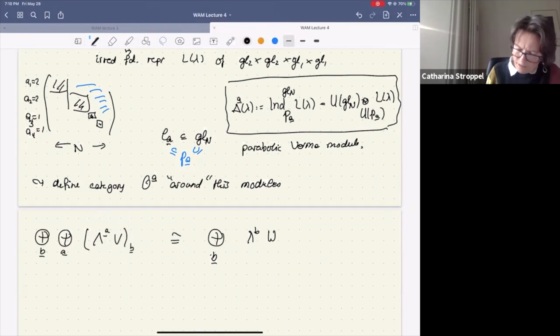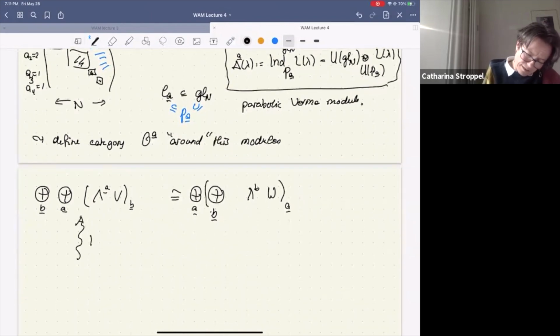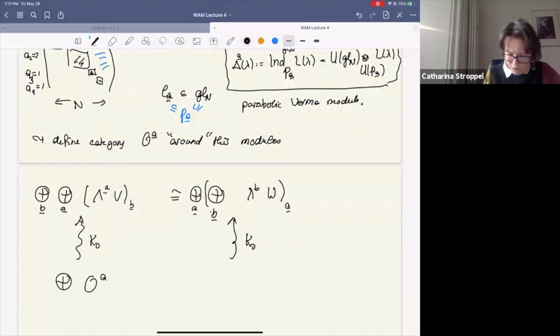I pass to the weight spaces, and here I also pass to the weight spaces. So the weight spaces for one side of the skew Howe duality are the modules for the other side. And then categorification means I get something where when I take K0, I go there. And so this is just a direct sum of these category O's, where I want to fix the B's, respectively the A's, and the sum over all A and B.